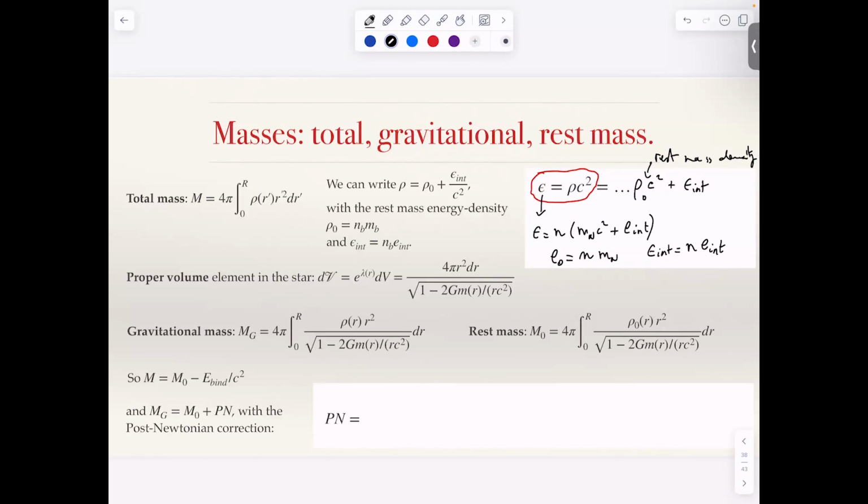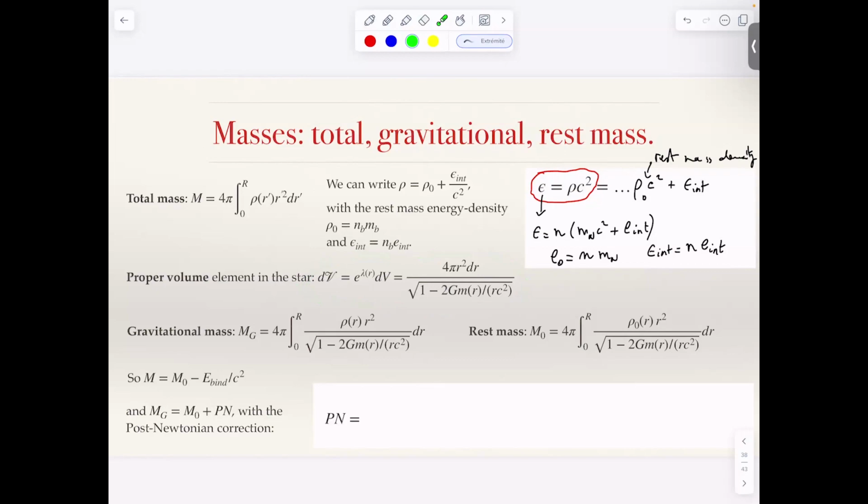Maybe I should insist again. I didn't comment too much about it before, but what I have written there is that my unit volume in general relativity is not the unit volume that you are used to in Newtonian physics.